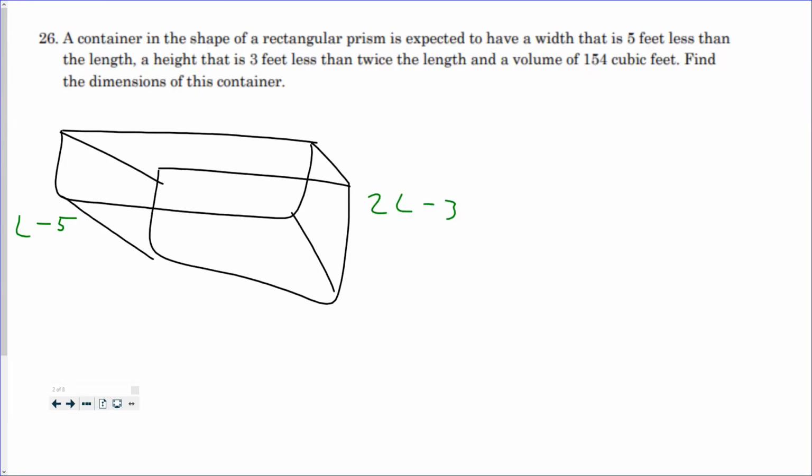The height is 3 less than twice the length. So if the length is L, the width is L minus 5, the height is 2L minus 3. Everyone with me? Are we good?